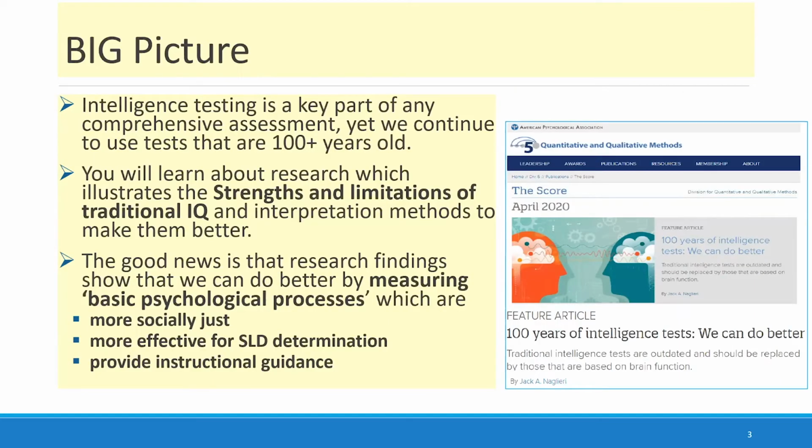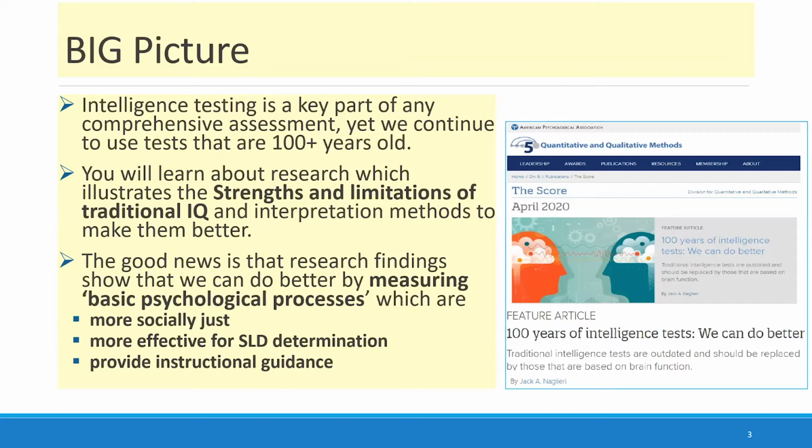But in this next hour, or a little less, during this presentation, I want to help you understand the history and the context within which intelligence tests were created, and as we're still using them.